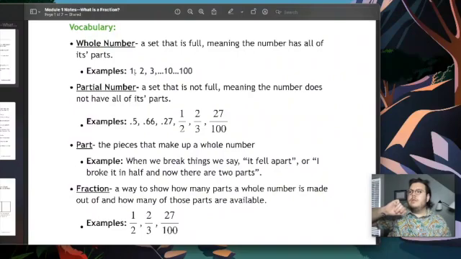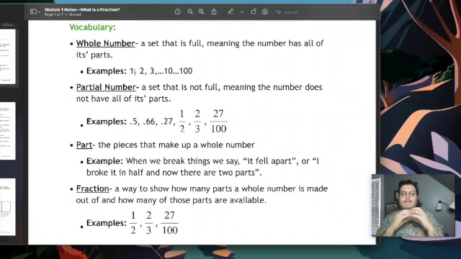Yeah, 0 is a whole number. Actually, 0 is just 0. But anything 1 to infinity, all of our counting numbers, 1, 2, 3, 4, and so on, are all whole numbers. That means that they all have their sets full. They are whole numbers.